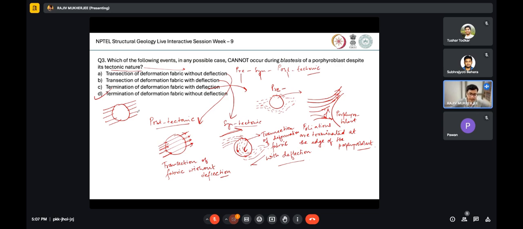And even though you can incorporate a clast within the rock, say, hypothetically, in the post-tectonic situation, in that case it will not terminate the foliations like this. So this is an unreal situation.